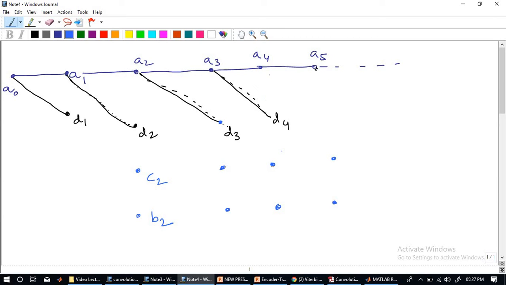So A4, D4, A1, D2, A2, D3, A3, A4. This will be somewhere here. Actually, this should be again a black one.